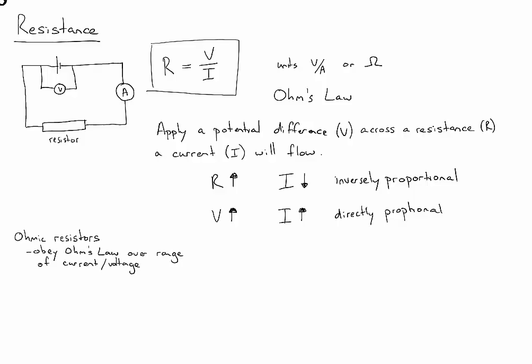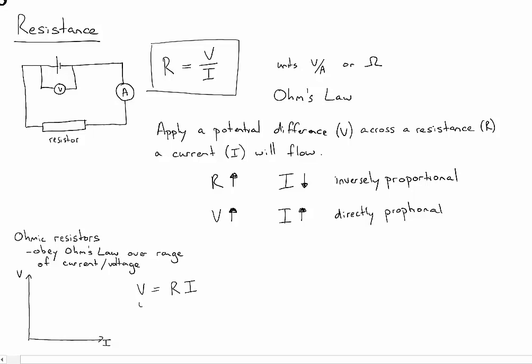And if we draw a graph of what that looks like, and we plot the voltage on the y-axis and the current on the x-axis, we can just rearrange that equation for Ohm's law and say that V equals IR, or I'm just going to write RI in this case.